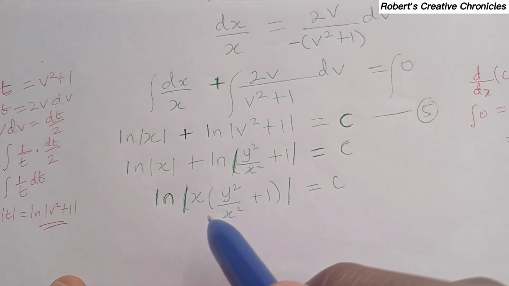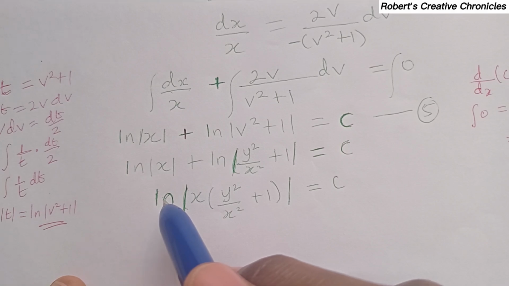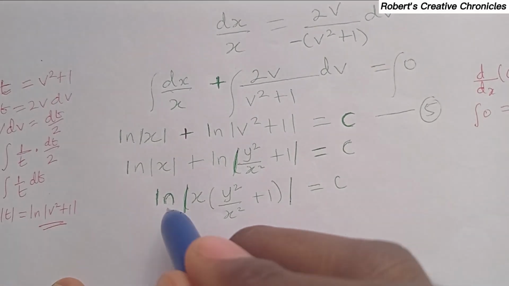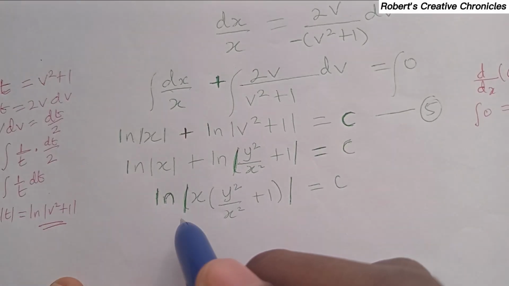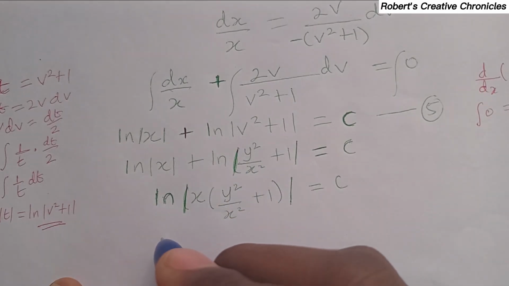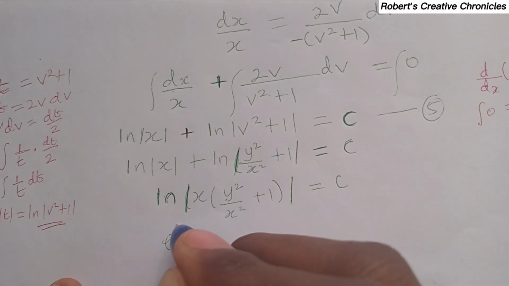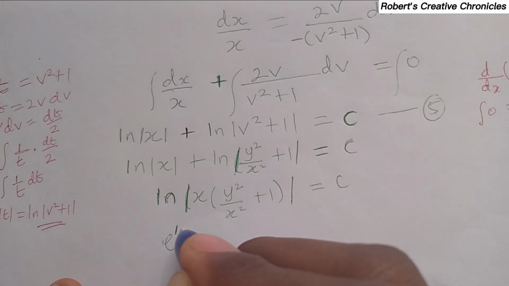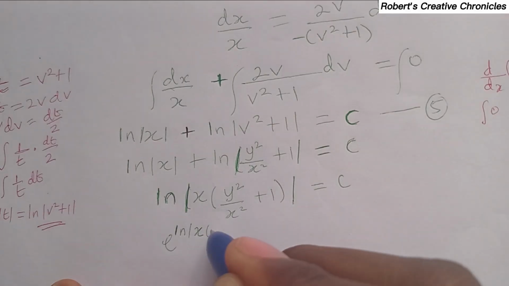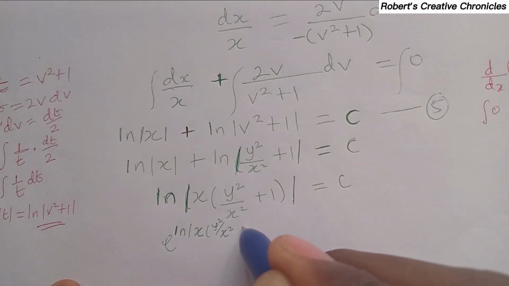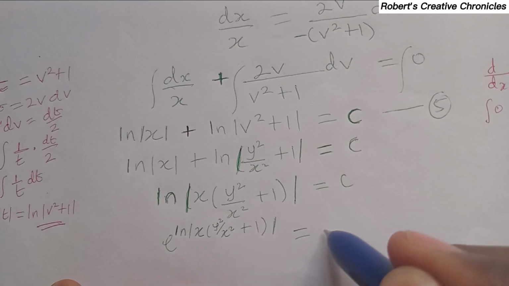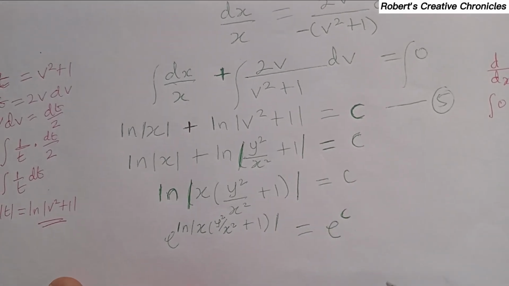And then to remove this natural logarithm, we'll take the exponent of both sides. When we take the exponent of this side, the ln will cancel. So it will be the exponent of ln of x(y squared over x squared plus 1) is equal to exponent of c.